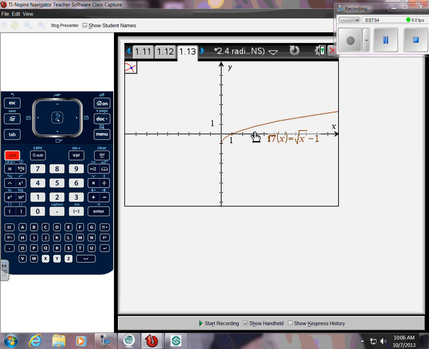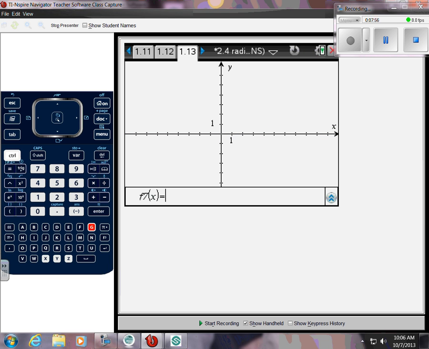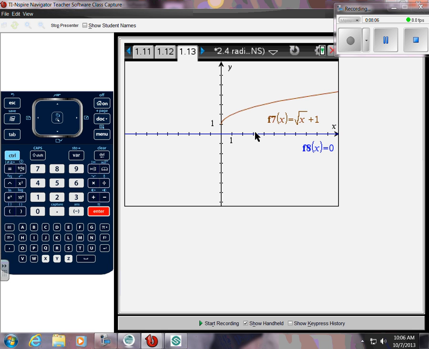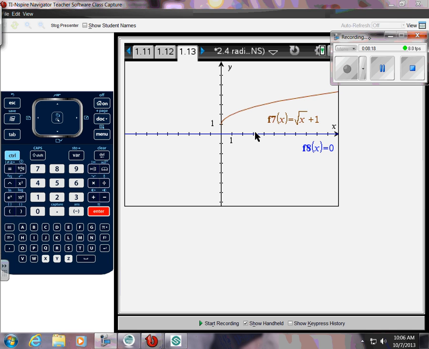Okay, so here are your two functions, right? What do you notice? They don't intersect. So is there a solution? No, so no solution. Okay? Good. Thank you, Brandon.